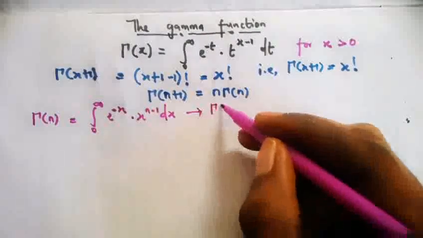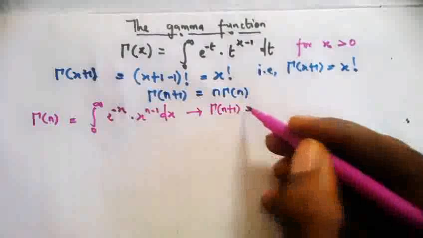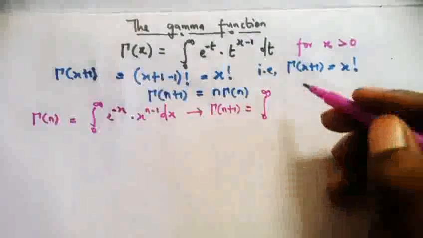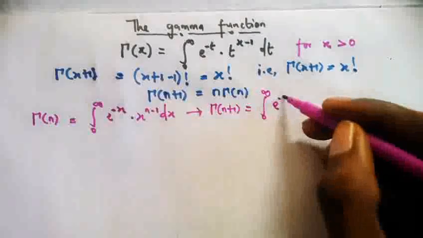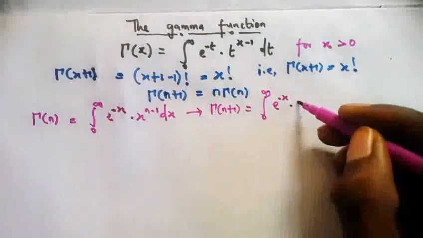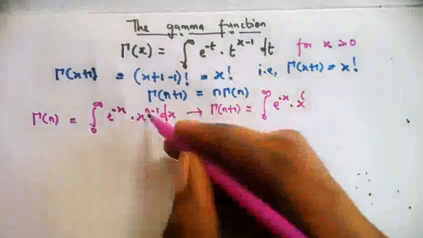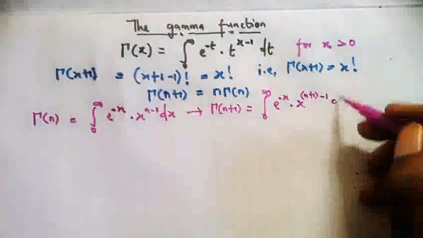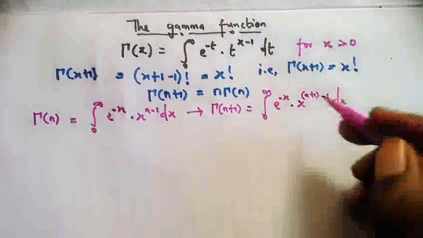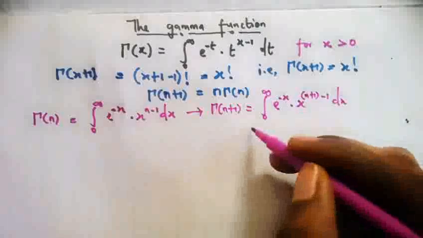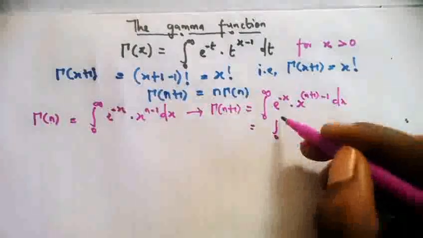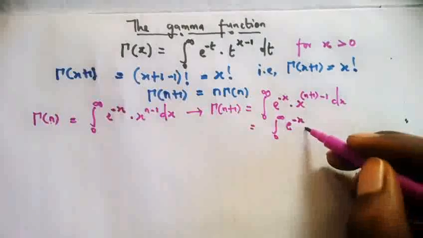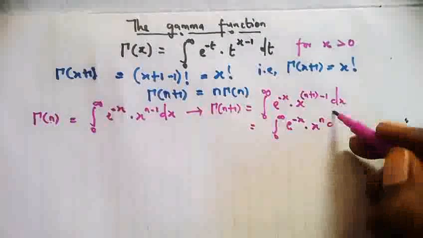We're having the gamma of n plus 1 is equal to the integral from 0 to infinity of e raised to power negative x times x raised to power n plus 1 minus 1 dx, and this simplifies to the integral from 0 to infinity of e raised to power negative x times x raised to power n dx.